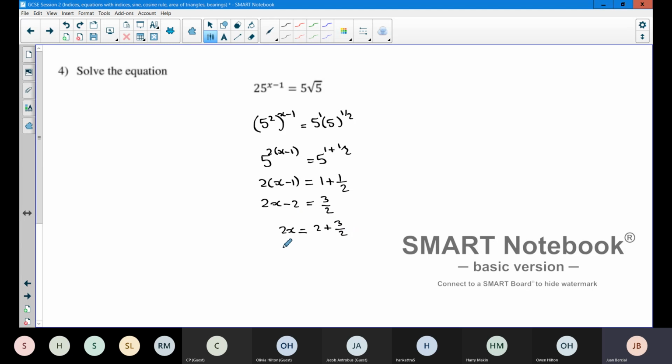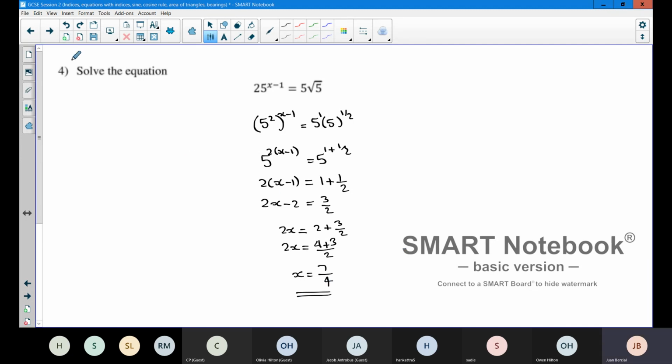So we can just write x, and then to do these fractions, remember 2 is the same as 4 divided by 2, or multiply that across. So 4 plus 3 divided by 2. And finally, we can divide both sides by 2. So I've got 7 at the top, and then 2 times 2, so 7 divided by 4.